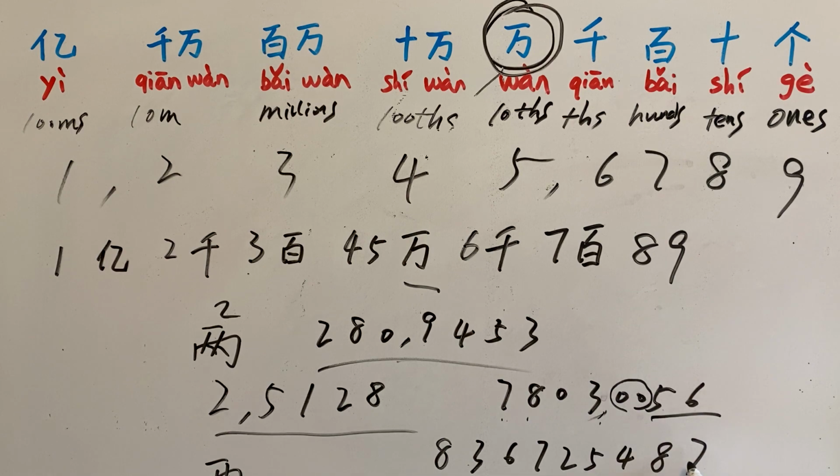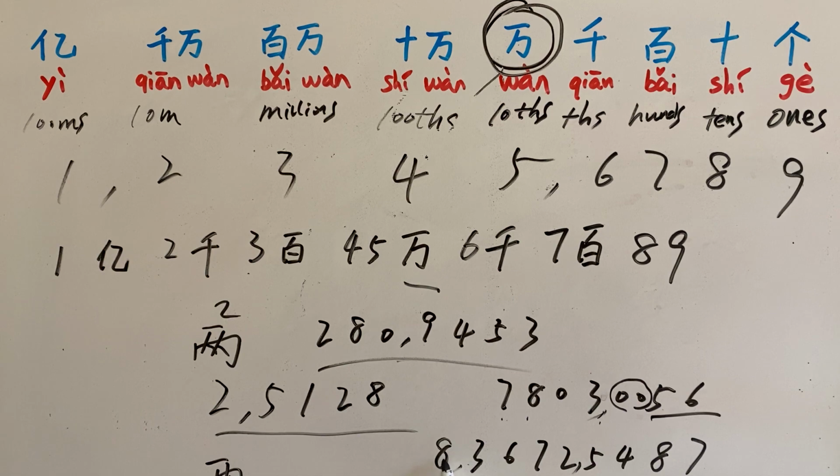For another example, 1, 2, 3, 4, comma, 1, 2, 3, 4, comma. So here, 8 is 800 million, 8亿. So this comma is 万, and this comma, the second comma here, is 亿, that is 100 million.